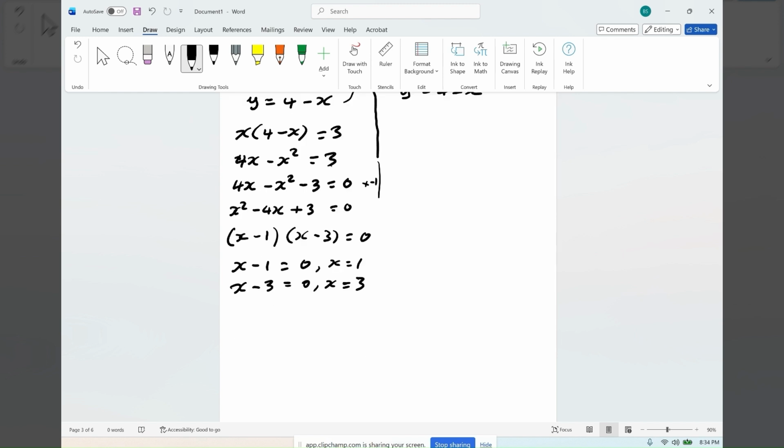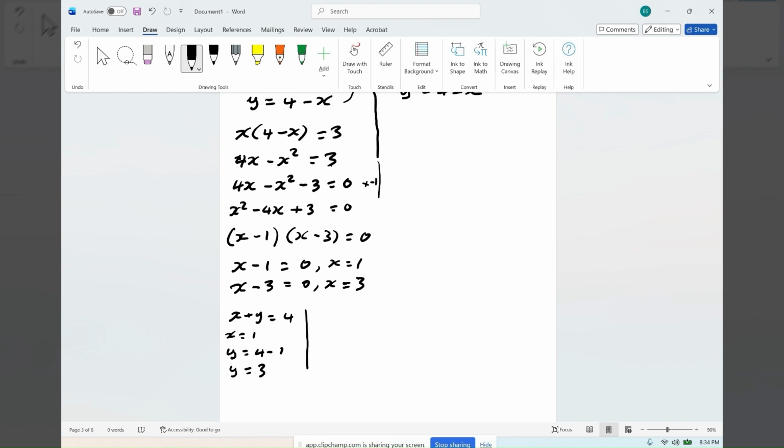From equation 2, where x + y = 4, when x = 1, then y = 4 - 1, so y = 3.